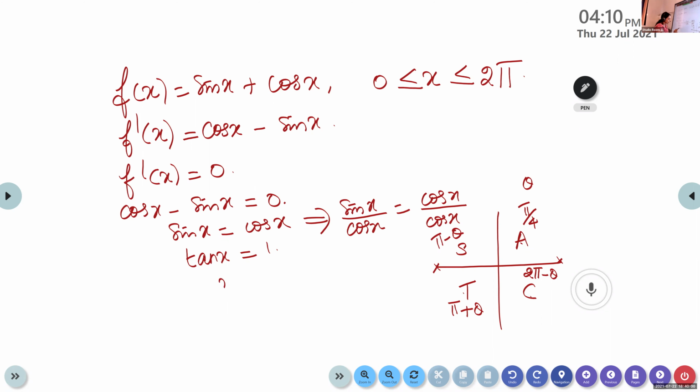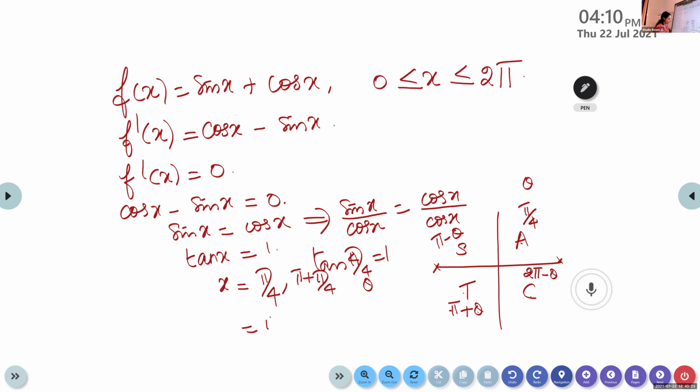So x takes the values. In first quadrant, it takes the form theta. Theta means here it is pi by 4. We know that tan 45, that is tan pi by 4, is 1. So we can take this as theta, pi by 4. Then the next value is pi plus theta, that is pi plus pi by 4.